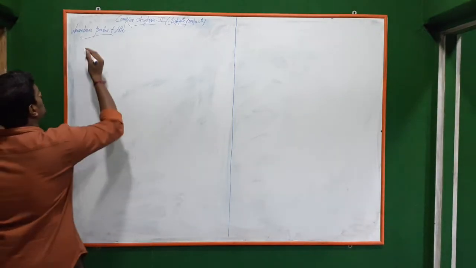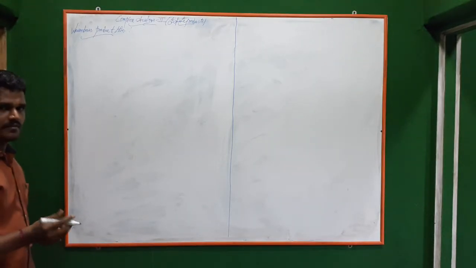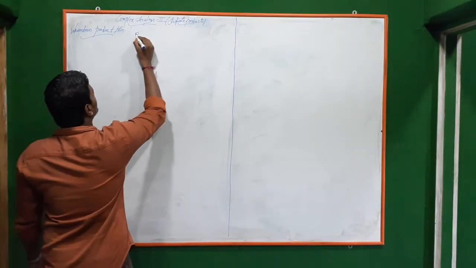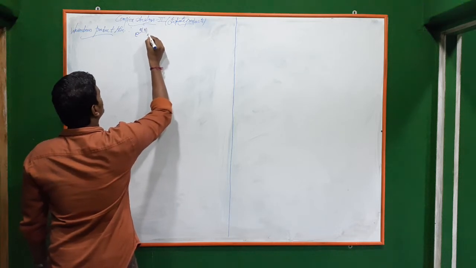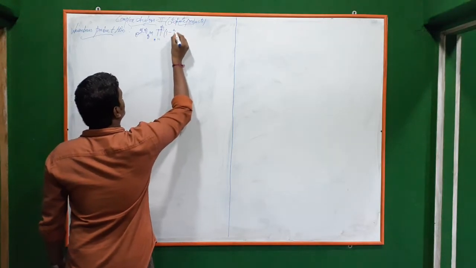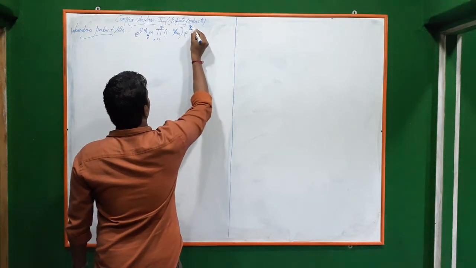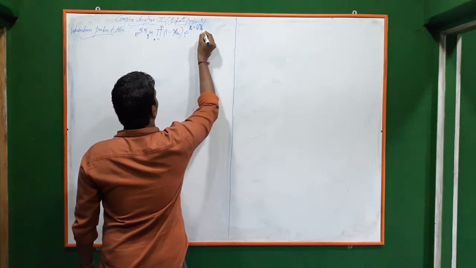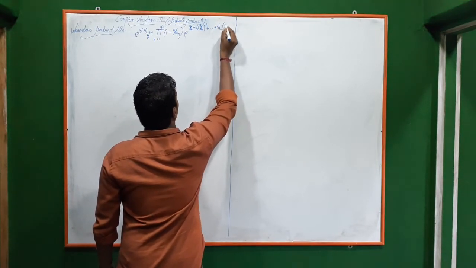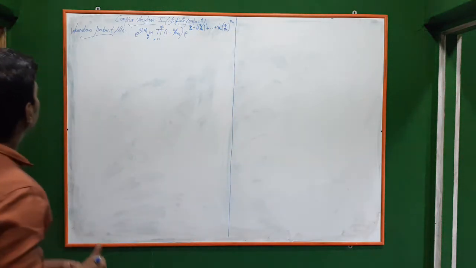What this says is that whenever we have an entire function with zeros a_n, which are diverging, then such a function looks like e^{g(z)} z^m times the product from n = 1 to infinity of (1 - z/a_n) e^{z/a_n + (1/2)(z/a_n)^2 + ... + (1/m_n)(z/a_n)^{m_n}}.